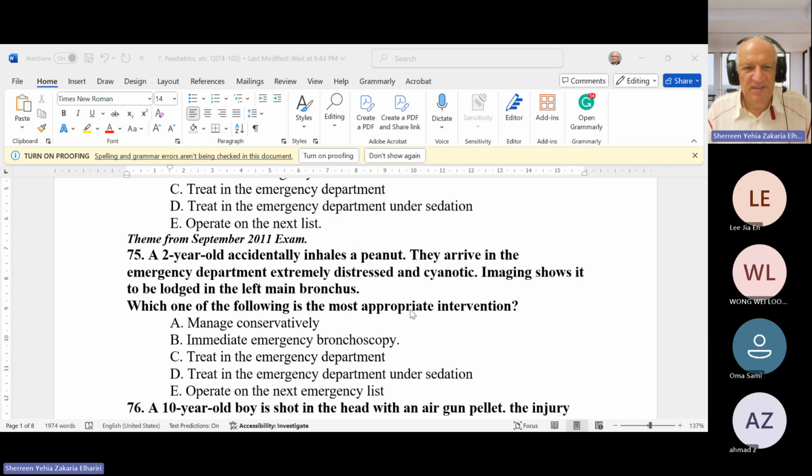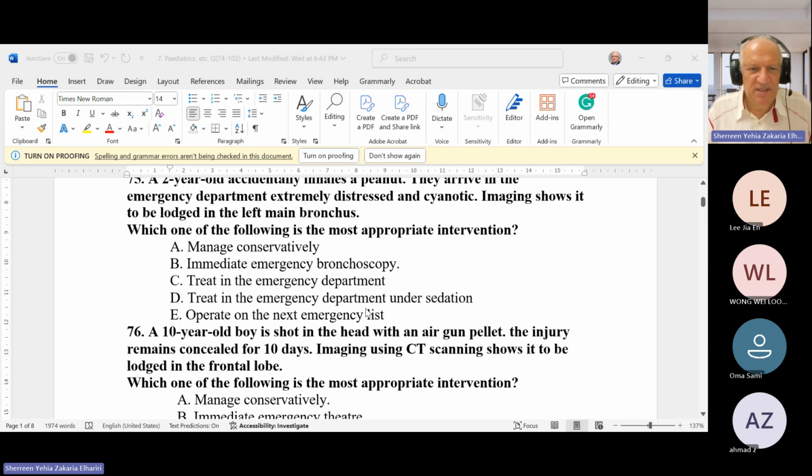What is the most appropriate intervention? Anyone? Immediate emergency bronchoscopy. All right, so this is immediate emergency bronchoscopy because it is life-threatening and can affect oxygenation, so it is important to do it.